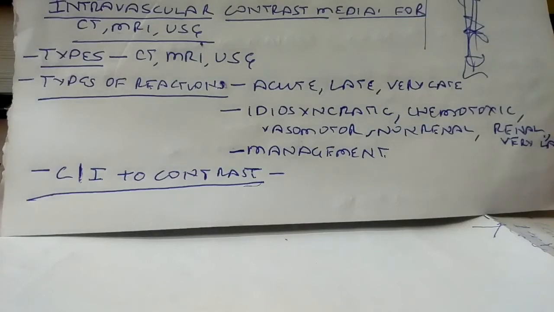Now the other ones are for USG, the ultrasound contrast media, which are microbubbles. The microbubbles are of three types. One is basically air surrounded by galactose, another is octafluoropropane surrounded by an albumin shell, and the third type is sulfur hexafluoride surrounded by a phospholipid shell.